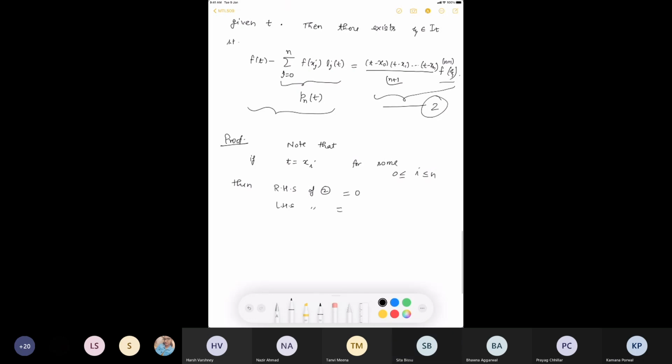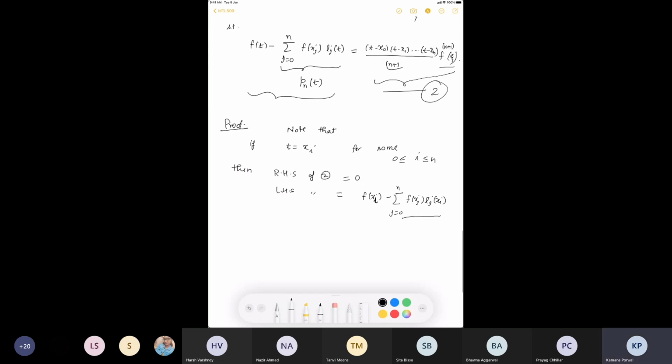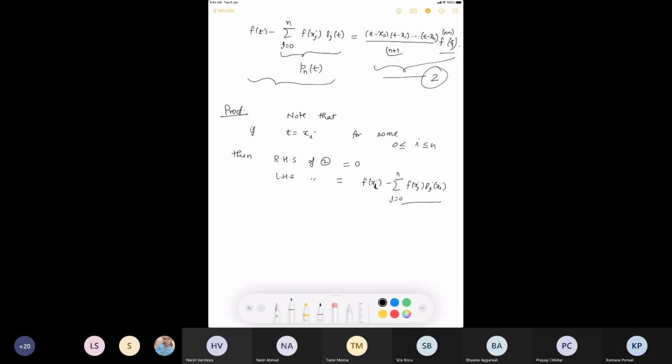It should also be 0. So we will have f at xi minus the summation of j equal to 0 to n of f at xj times lj at xi. So what is going to be this quantity? What is the property of the lj?